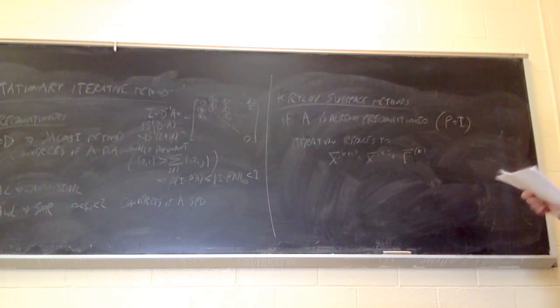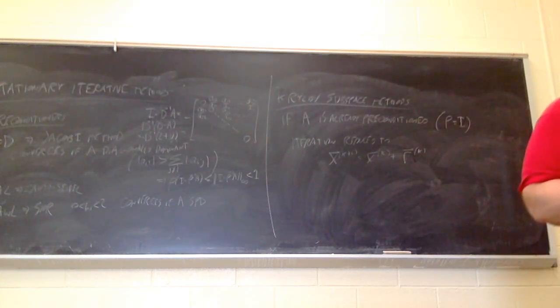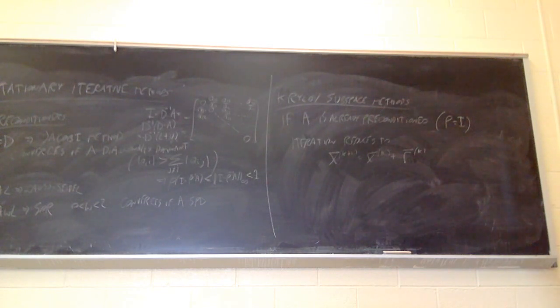Maybe the MIT notes are the same, but I'll stick with this. What we had before was not r_k, it was d_k, but d_k is the solution of a system involving r_k as a right side. If P is equal to identity, r_k equals d_k. So that's why I can say that.